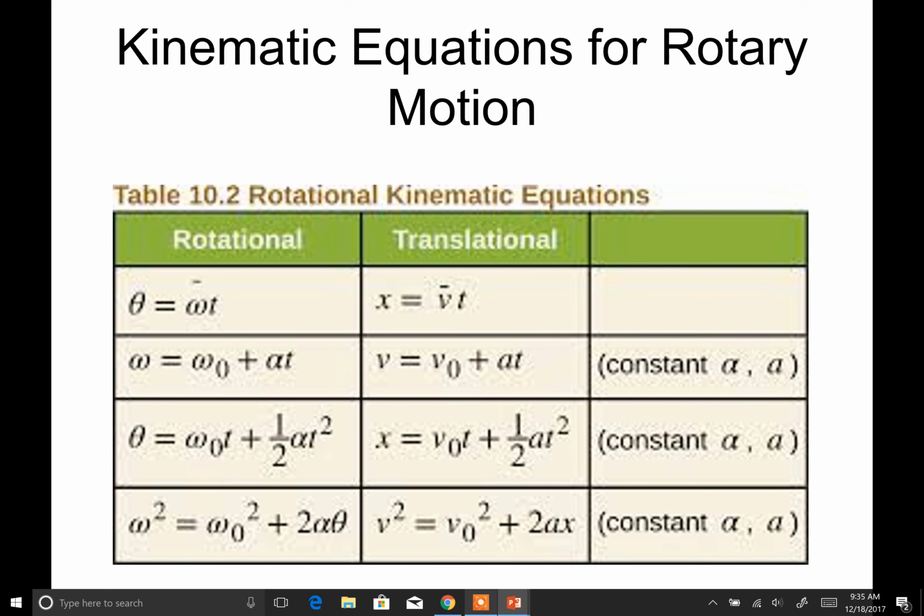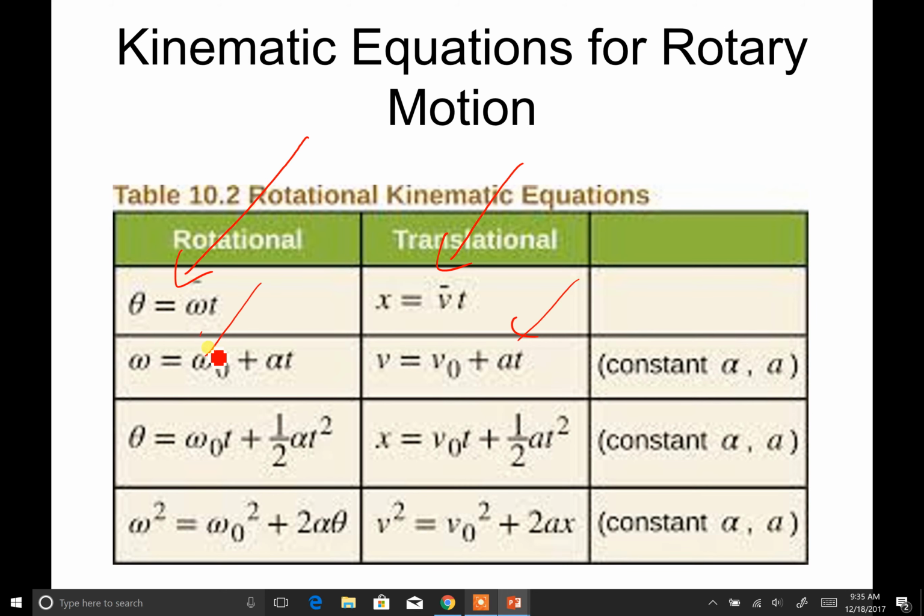We also have rotational equivalents to our translational kinematic equations. Here we have displacement equals velocity times time. Here we have angular displacement equals angular velocity times time. Here we have final velocity equals initial velocity plus acceleration times time.